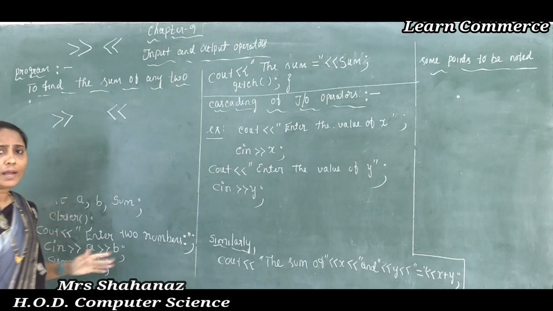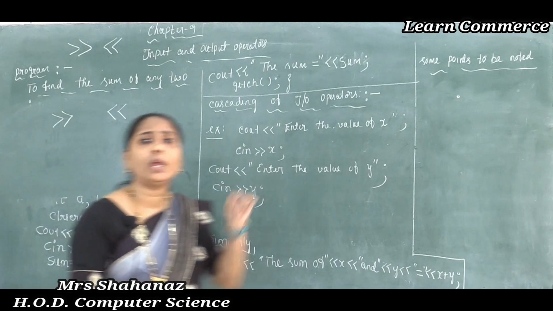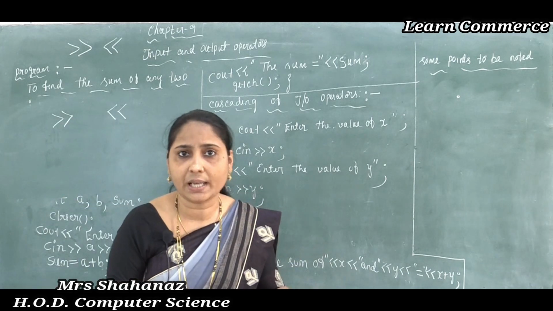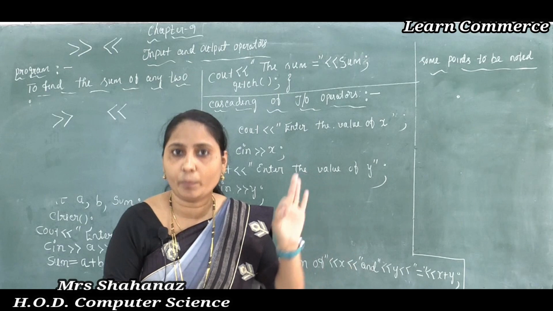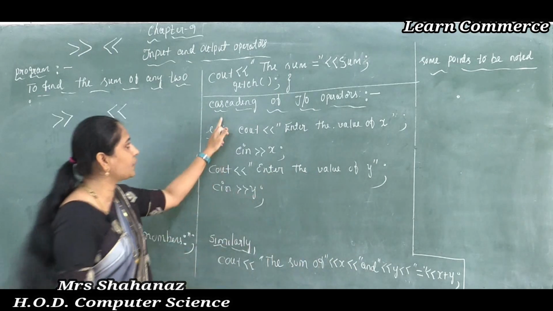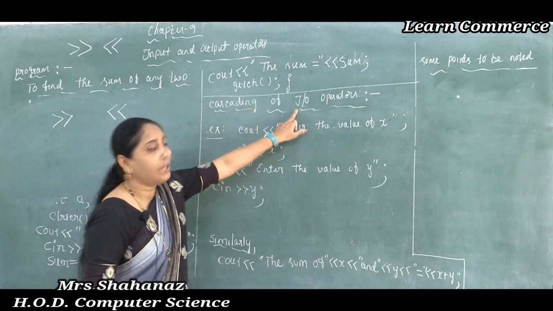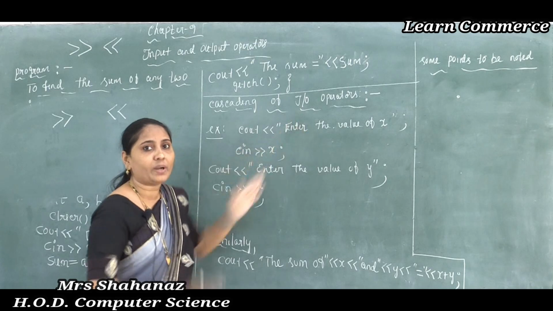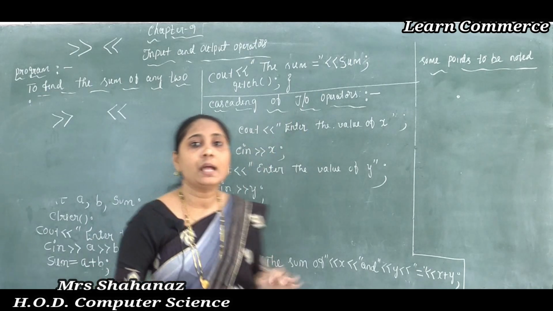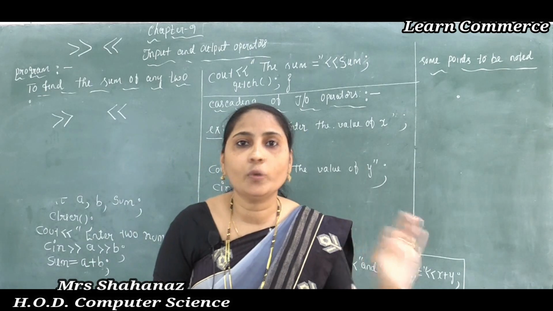So now let's see the meaning of the cascading of input operator. I have just selected the cascading of input operator. As we know, our concept is the cascading of input as well as output, but now I just want to select the cascading of input operators.